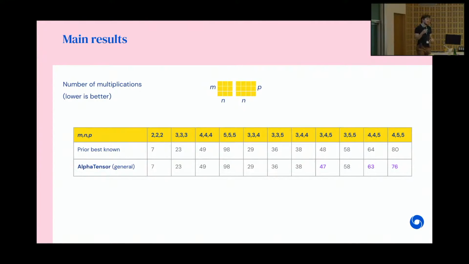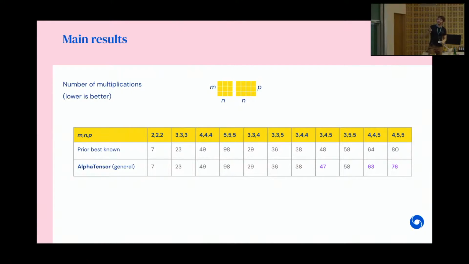But in some cases, you might know that your matrices lie in some specific ring. For example, maybe you want to multiply binary matrices in arithmetic modulo 2. And because this is a reinforcement learning agent that learns to play a game, it's very easy to modify the rules of the game and, for example, say it's okay if you discover a decomposition of the matrix multiplication tensor that only works in arithmetic modulo 2.